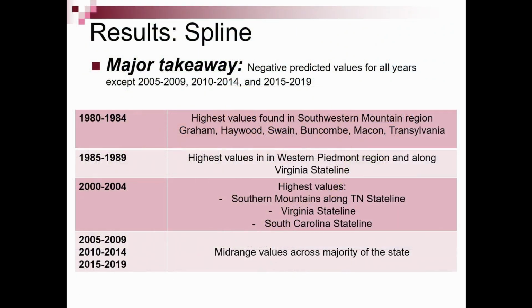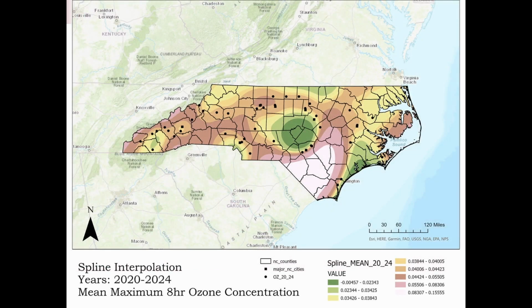So you see those high ranges in the 0.06s, and the EPA's standard for ozone is 0.07. So once you move to these newer maps, you do see that climate change policy has begun to work.